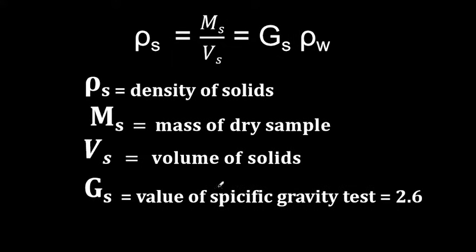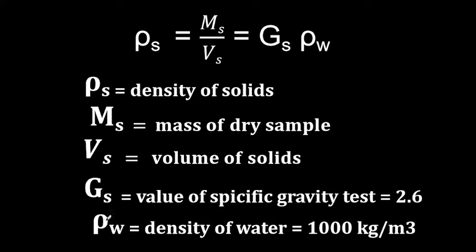Gs stands for value of the specific gravity test, which is given as 2.6. Lastly, rho w stands for density of water, which is known to be 1000 kg per cubic meter. Of course, it is not given in the equation, but it is known to be 1000 kg per cubic meter. So you have to know this by heart.